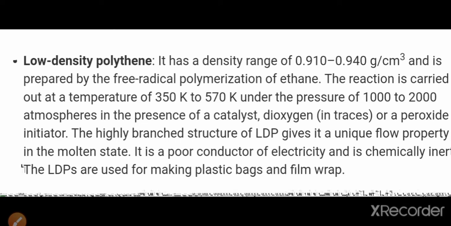The polymerization is carried out in the temperature range of 350 Kelvin to 570 Kelvin under a pressure of 1000 to 2000 atmospheres, using traces of dioxygen as a catalyst, or sometimes peroxide as an initiator.